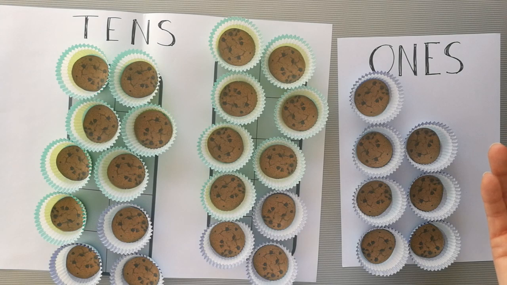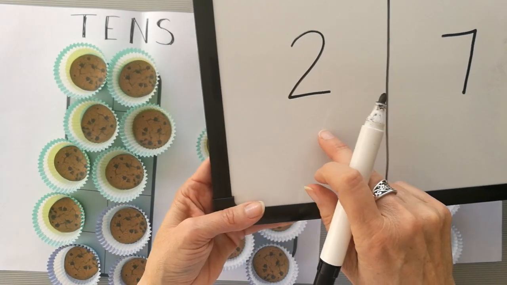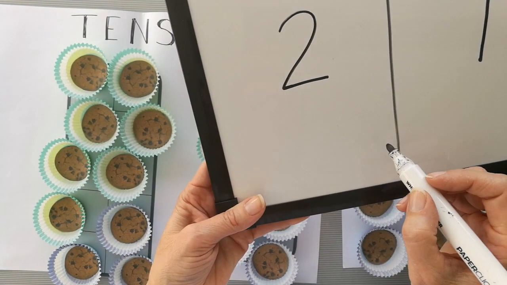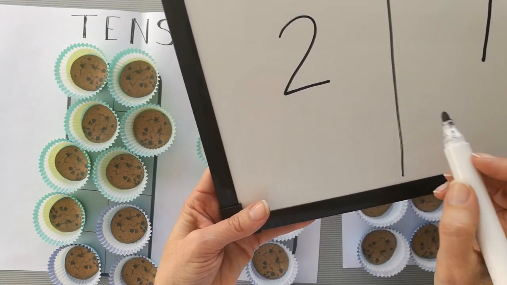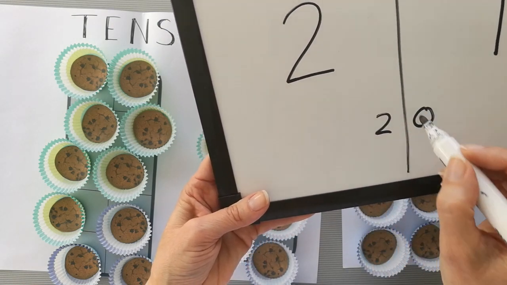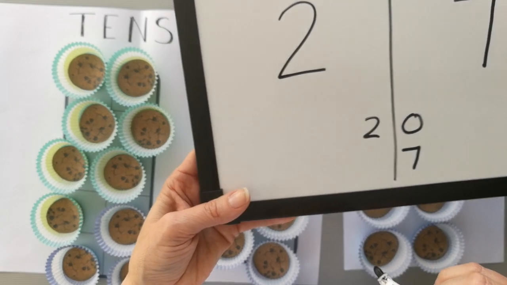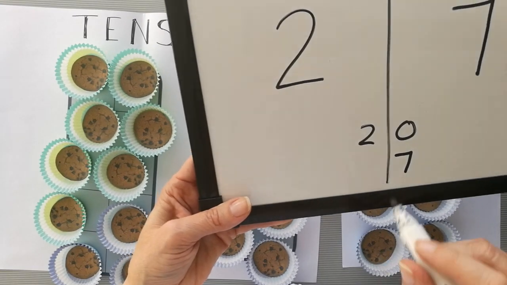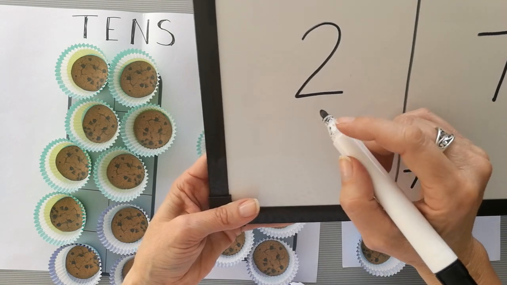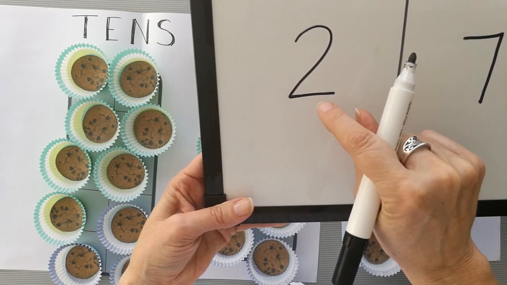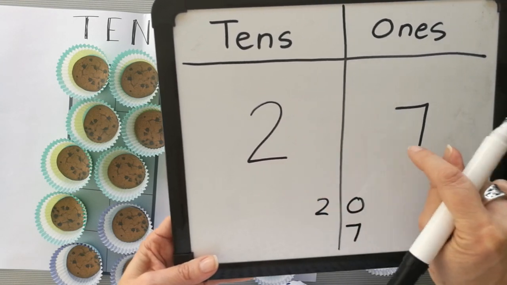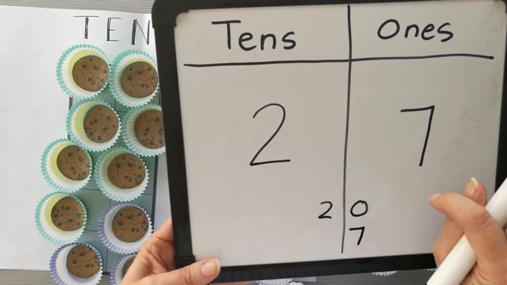No? Okay, so this means how many? It means 20. Okay, so it's a bit like saying 20 and 7. Very good. So our number is 27. 2 tens and 7 ones.